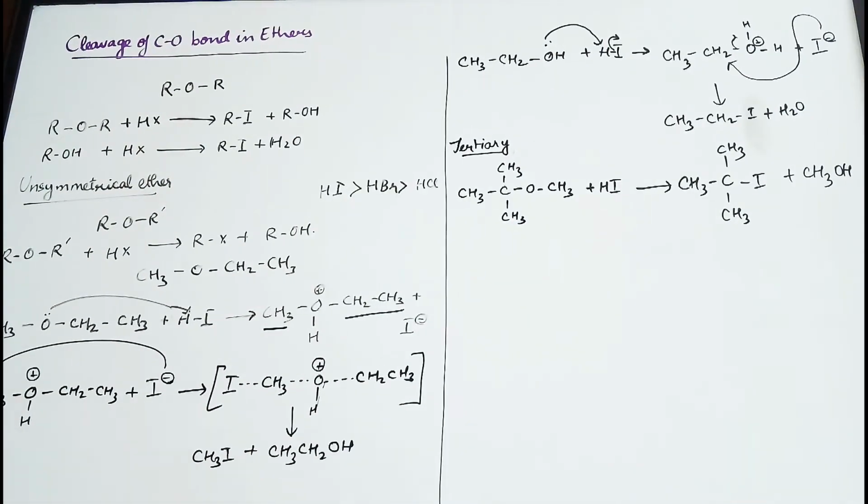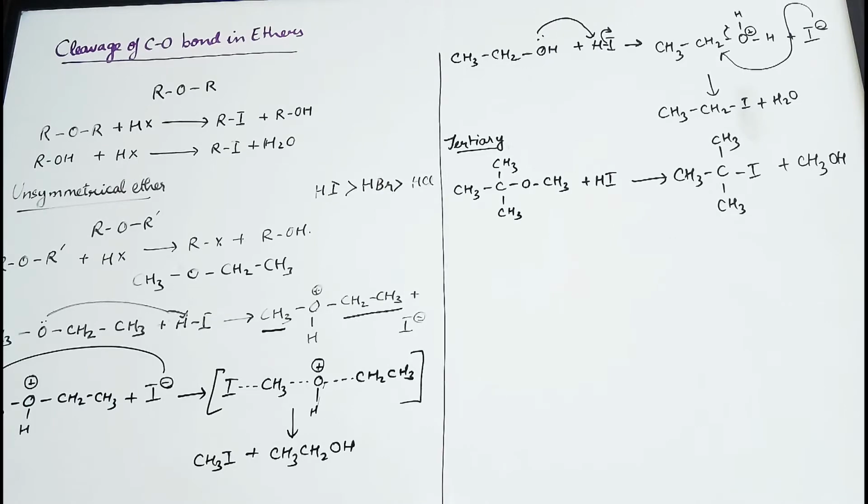So let's look at the mechanism. The first step is obviously going to be the protonation of the ether, and this leads to the formation of the oxonium ion.